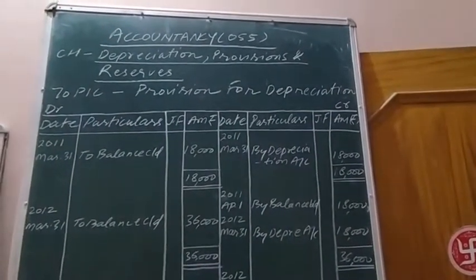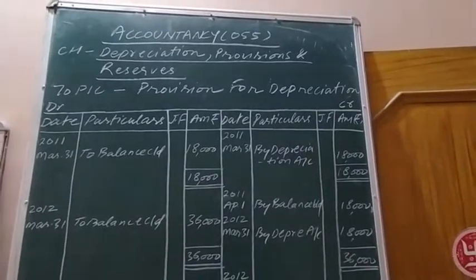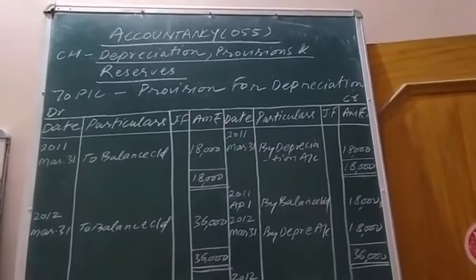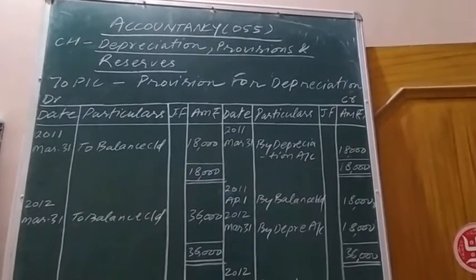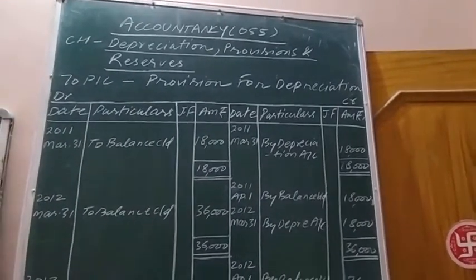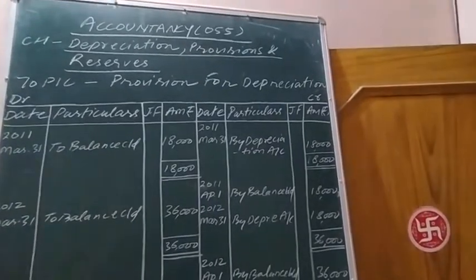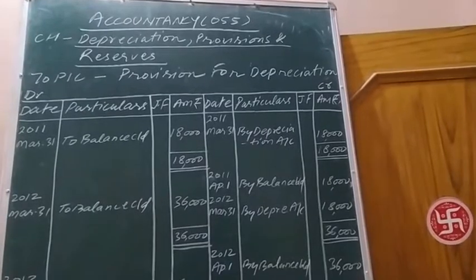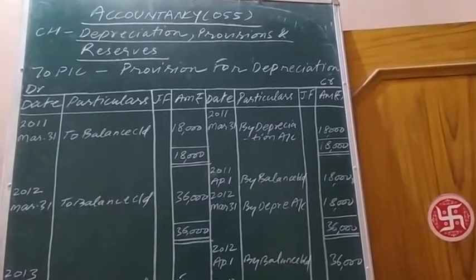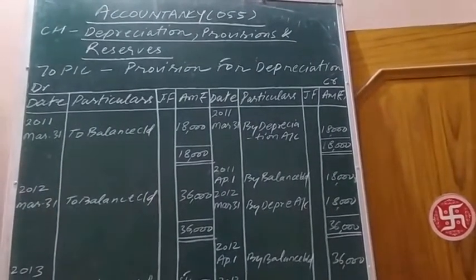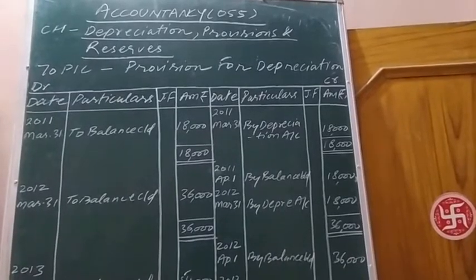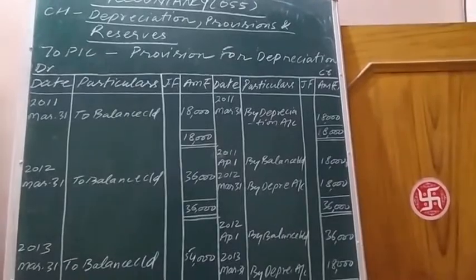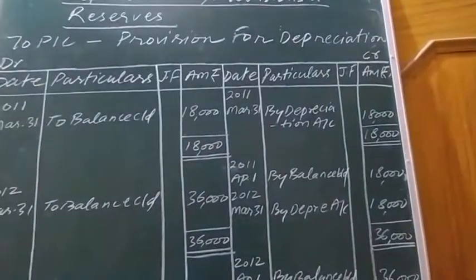2011, it will be created at the end of the year. In 2010 the machinery was purchased, so the depreciation will be charged at the end of the year, that is 31st March, and the transfer to provision for debt will be done at the end of the year. 2011, by depreciation 18,000 rupees.